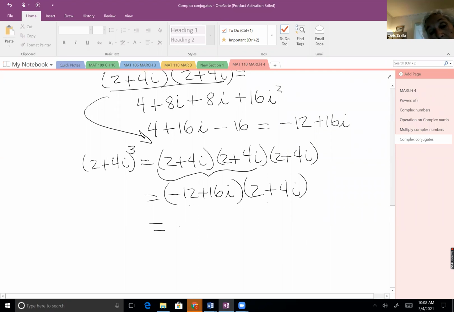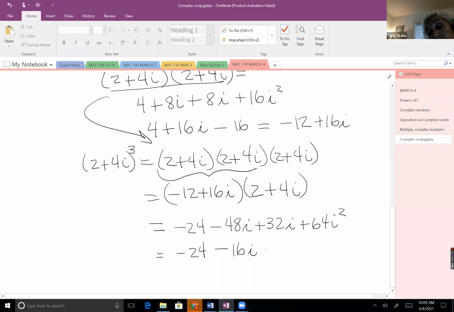First would be negative 24. Outer would be minus 48i. Inner would be plus 32i. Last would be plus 64i squared. So that would give me negative 24 minus, what is that, 16i.